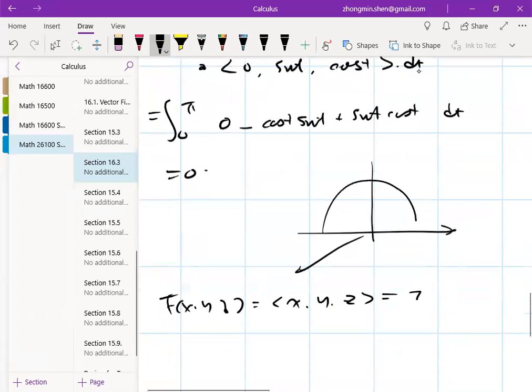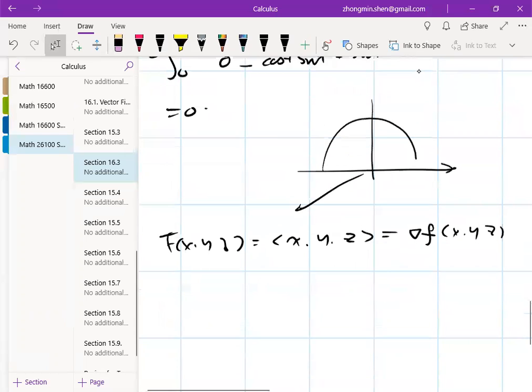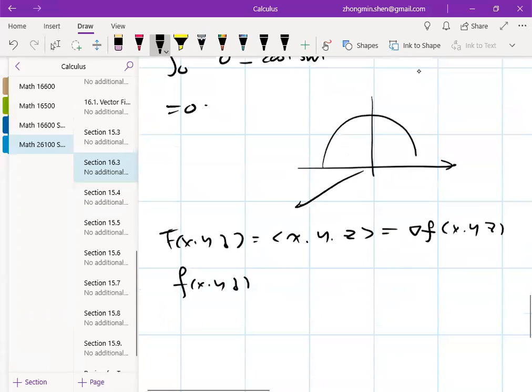This is actually the gradient of some function. What is that function? Half of x squared plus y squared plus z squared. Right? So when you take the gradient, you just get x, y, z for each component.